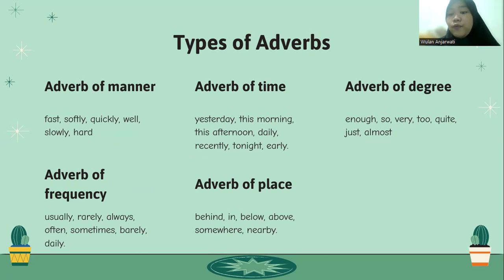Adverbs of degree, like enough, so, very, too, quite, just, almost. Adverbs of frequency, like usually, rarely, always, often, sometimes, barely, and daily. And the last, adverbs of place, like behind, in, below, above, somewhere, nearby.